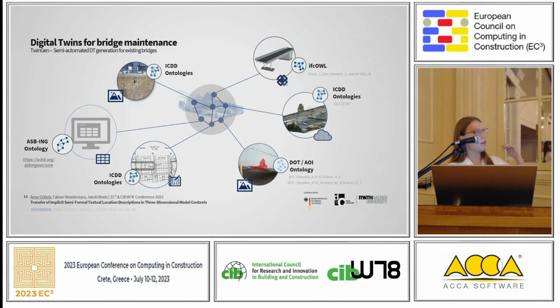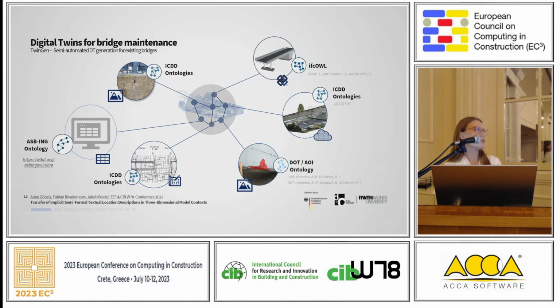There are already ontologies to represent, for example, the IFC model using IFC-OWL, or also the BOT ontology. We used the ontologies of the information container for linked document delivery to represent all the files, like the construction plans, pictures, but also the point cloud, in our approach in RDF, so in the linked data format. And there are also ontologies for representing the damage information, the DOT and the AOI ontology.